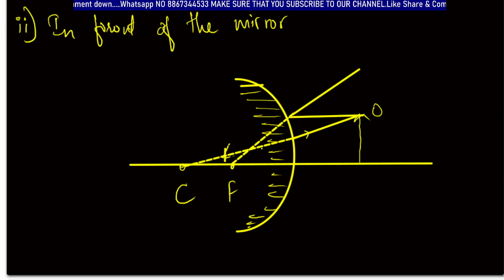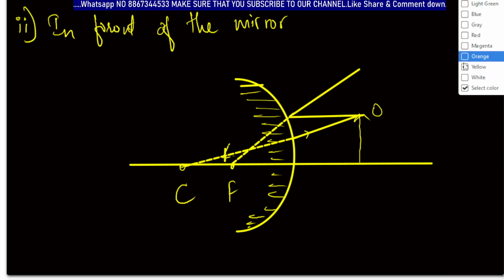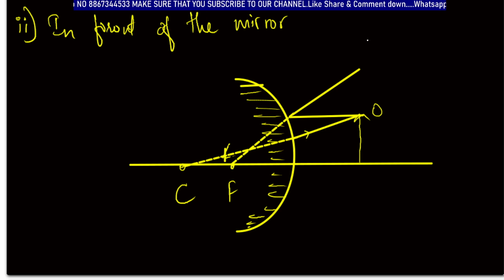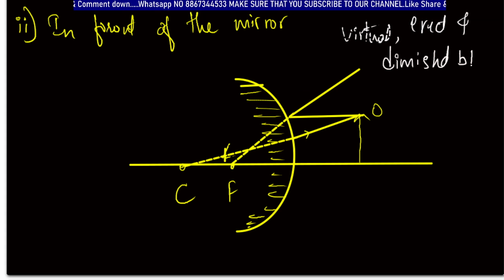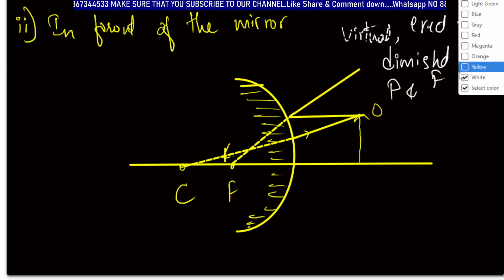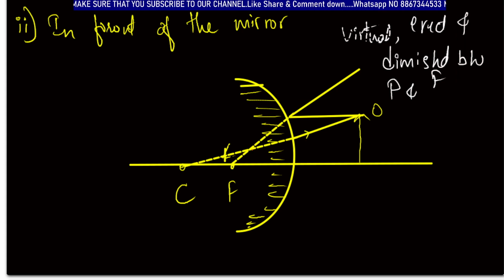So the image formed over here is virtual, erect and diminished, between P and F. You can see the point of intersection is over here.